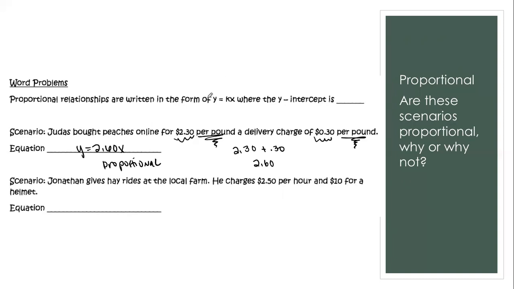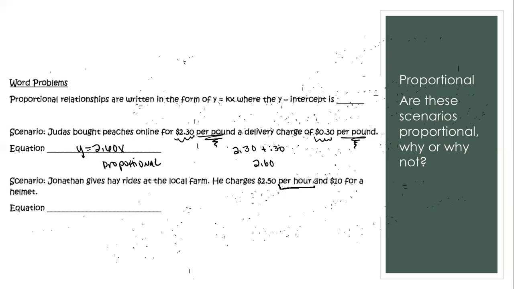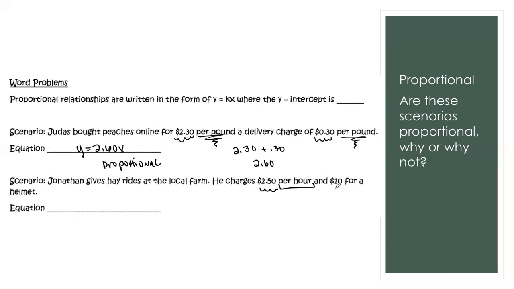Good, I'm liking these explanations I'm getting in the chat. Awesome, guys. All right, let's look at this last one. Jonathan gives hay rides at the local farm. He charges $2.50 per hour and $10 for a helmet.